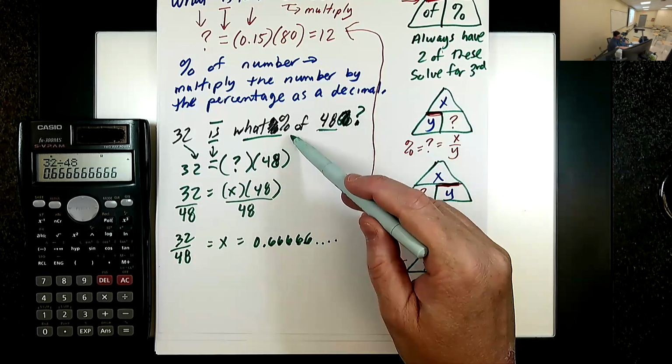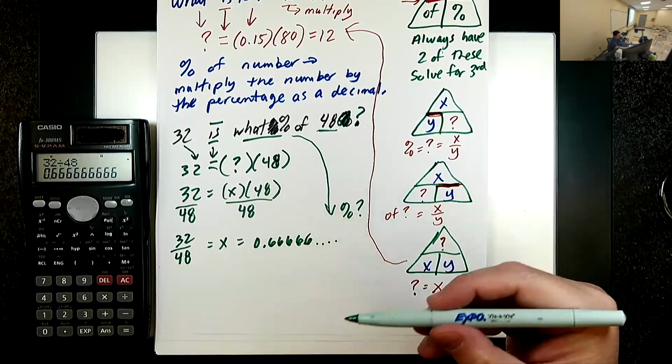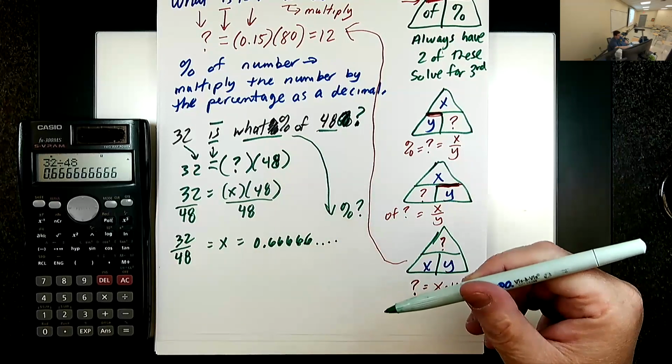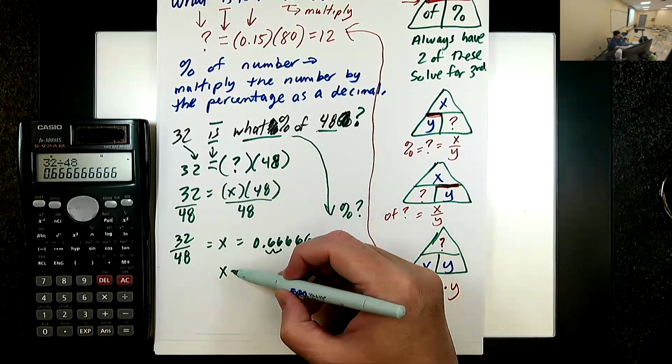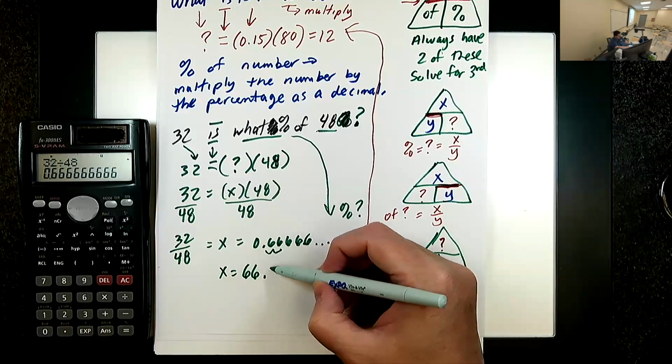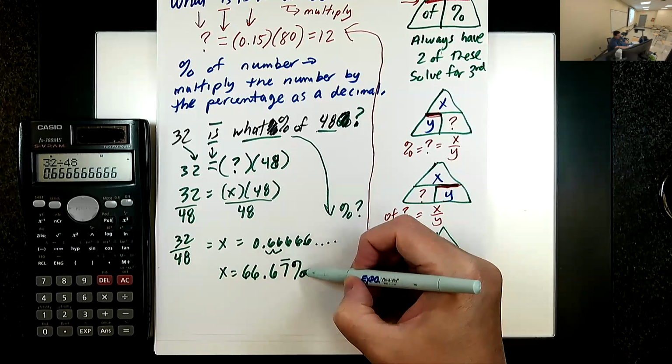But they asked what percent. So we want to write this as a percent. So when we do percents, we shift the decimal twice. And we're going to get 66.67% if we round it to 2 decimal places.